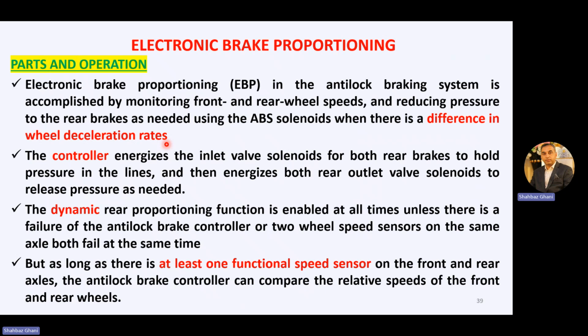In the next part, the third part, I will cover the anti-lock braking system in detail. But just to give you the idea, when we are using the anti-lock braking system, all four wheels are equipped with sensors, and those sensors are monitoring the speed of the wheel and giving continuous feedback to the electronic brake system.